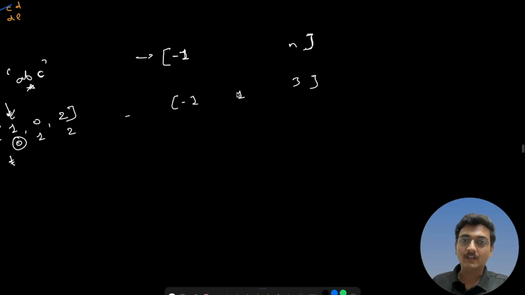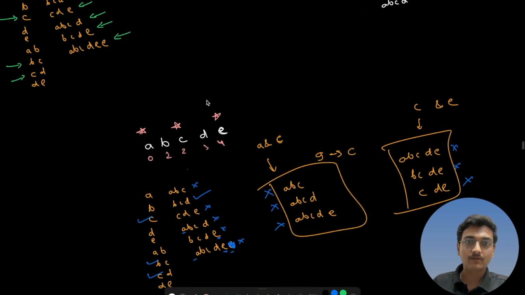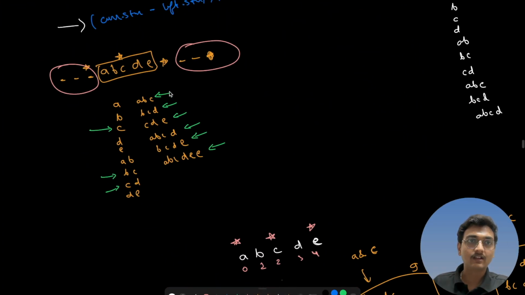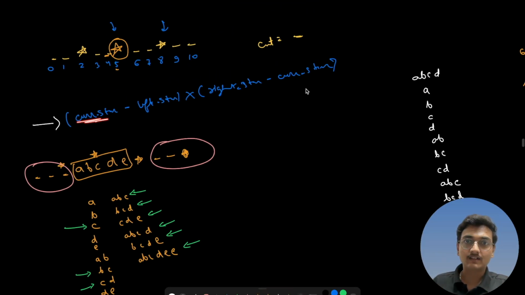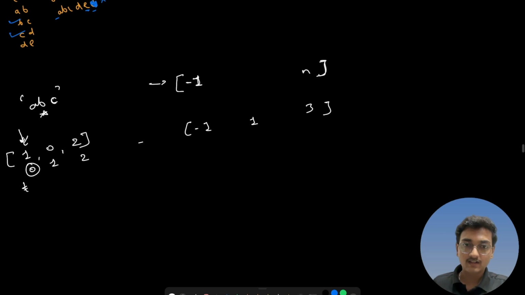So let me keep this configuration. Now this is my current string. I was using my formula, right? This is my current star. Current star is 1 minus left star.